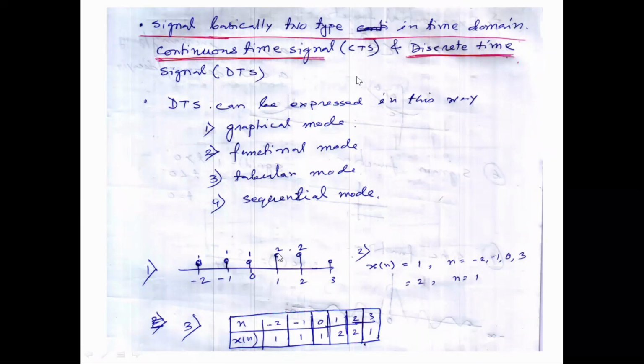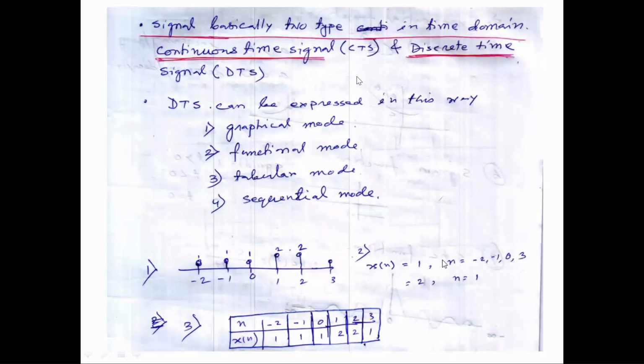At 1 the amplitude is 2, at 2 the amplitude is 2. These are the values of the variable n: minus 2, minus 1, 0, 1, 2, 3. So this is the graphical method and this one is the functional method.